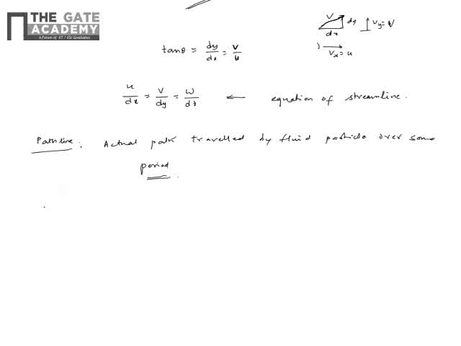Next is the streakline. A streakline is the locus of fluid particles that have passed sequentially through a prescribed point in the flow. You select a point, and track all the fluid particles that have passed through it sequentially.